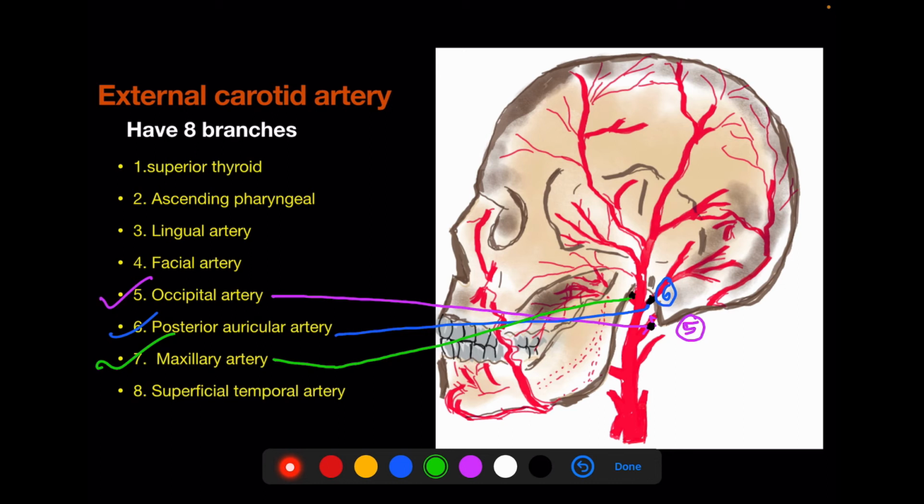This one is a very important artery. We will discuss this artery later. I'm using black to identify it. This one.